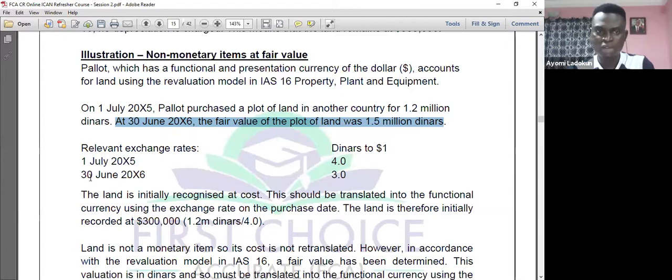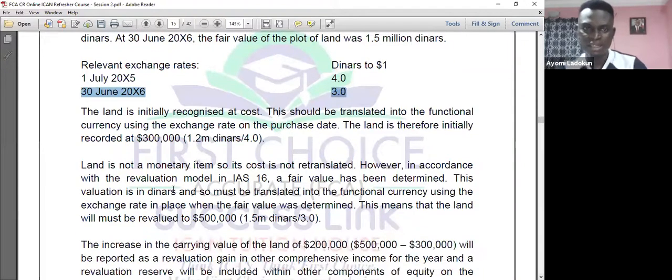So I will retranslate using the exchange rate on that date, which is 3. So 1.5 divided by 3 gives 500,000. On the date of the transaction it was 300,000, so I revalue, it's now 500,000. That difference of 200,000, where do I take it to? I take it to revaluation gain in the OCI.